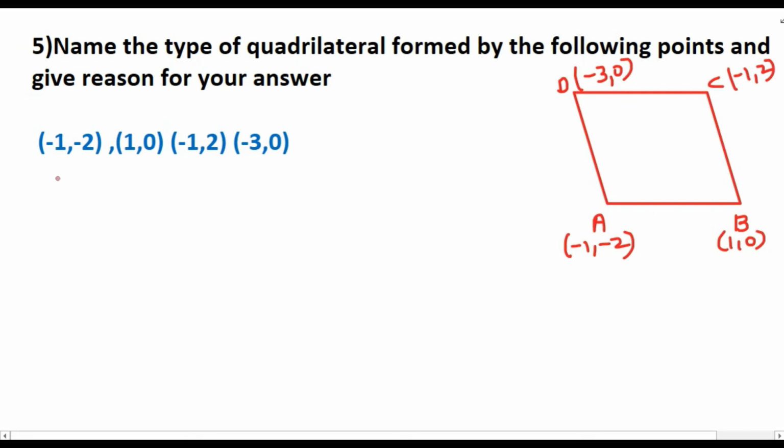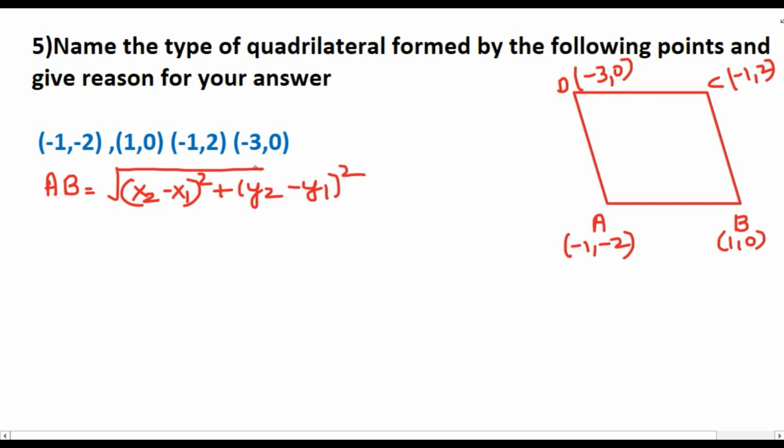So let us do the first one. Let us find the distance between A and B using the distance formula. So AB equals the square root of (x2 minus x1) the whole square plus (y2 minus y1) the whole square. Now I am going to take this as x1, y1 and x2, y2.